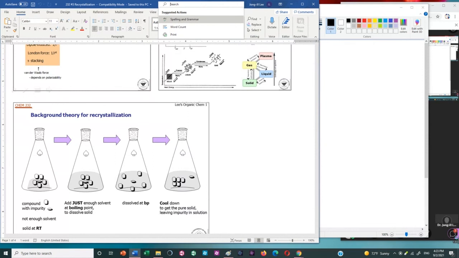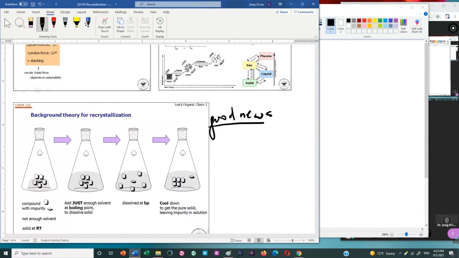So, skipping finding a good solvent, right? Basically, as you know, recrystallization by now, after choosing a good solvent, you want to remove the impurity surrounded by the main crystal, right? The role of the solvent is to make the crystal lattice break apart. You understand the word crystal lattice.